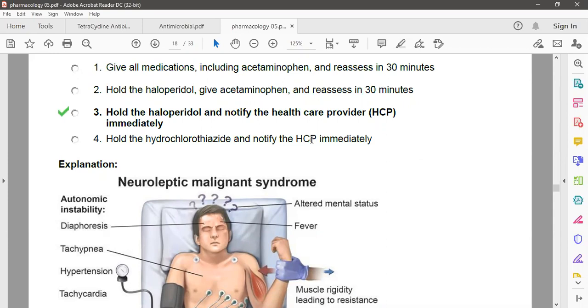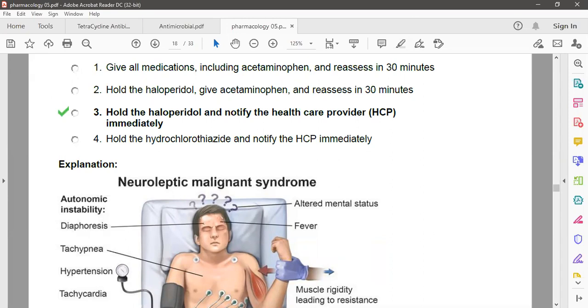As a healthcare provider, every student must know what neuroleptic malignant syndrome is, because of antipsychotics. It is a medical emergency. So we must hold the medication like haloperidol, then notify the healthcare provider rather than wait for 30 minutes.